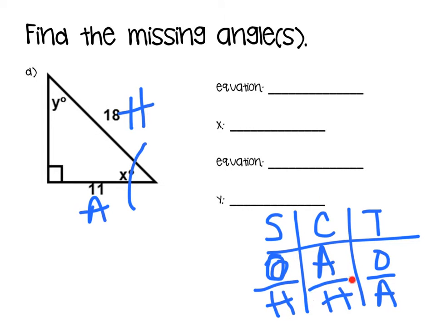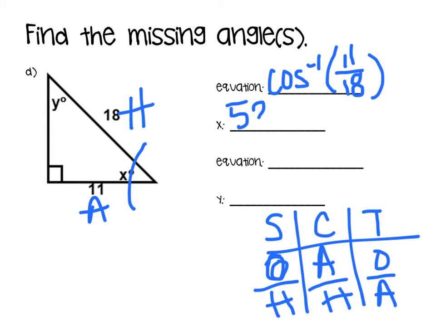Cosine is the adjacent over the hypotenuse. So I have the inverse of cosine, because I'm looking for the angle measure, is equal to my adjacent, which is 11, over my hypotenuse, which is 18. In the calculator, I will type second cosine 11 divided by 18, and that gives me 52.3301 degrees.